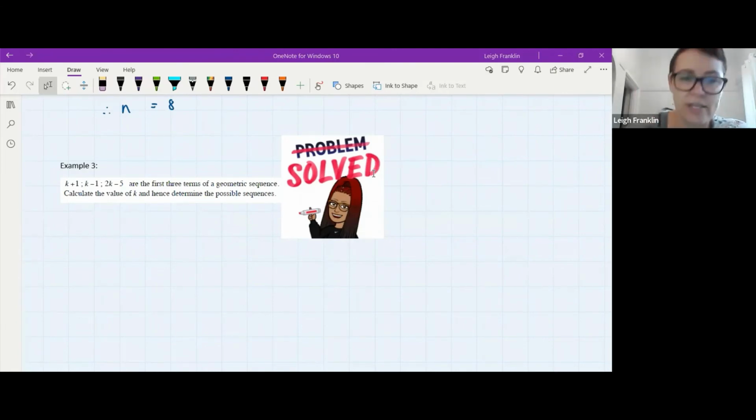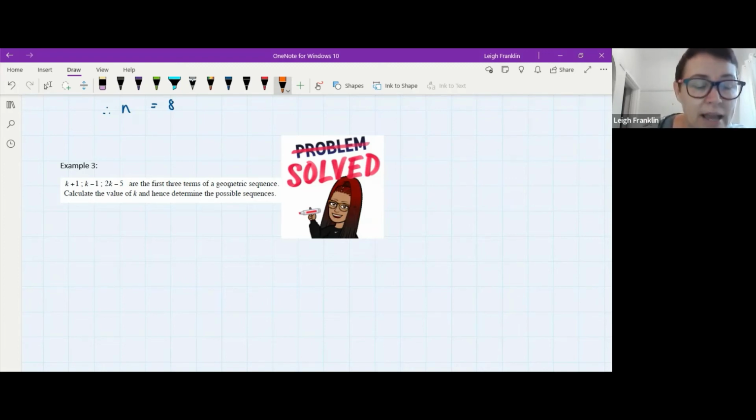So what they're suggesting here is that there's more than one sequence, right? When they ask us to determine the sequence, it's not a very good way of phrasing it, but what they really mean is calculate term 1, term 2, and term 3. Going back to what we learned at the beginning of the lesson, the value of R is always term 3 divided by term 2, term 2 divided by term 1.